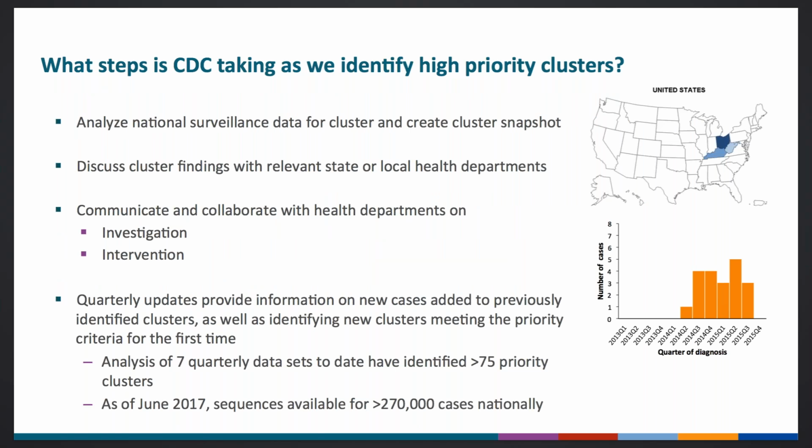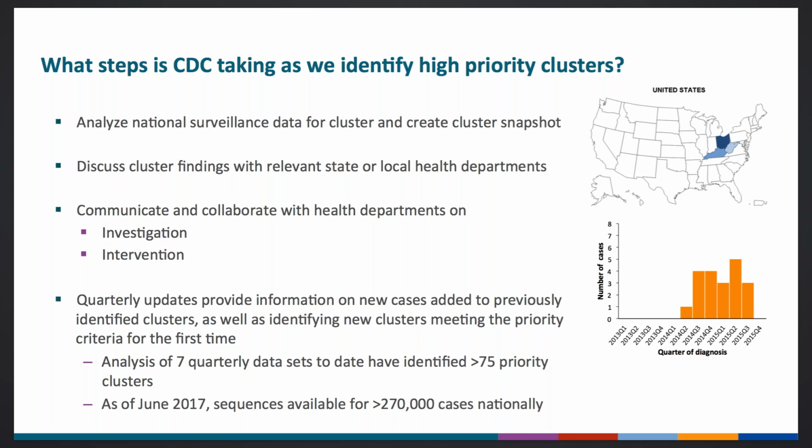So when we identify high priority clusters, we start by creating a cluster snapshot. This is a document that includes maps and epi curves and tables and line lists that allows us to discuss these cluster findings with relevant state or local health departments and communicate and collaborate with them on investigation and intervention.